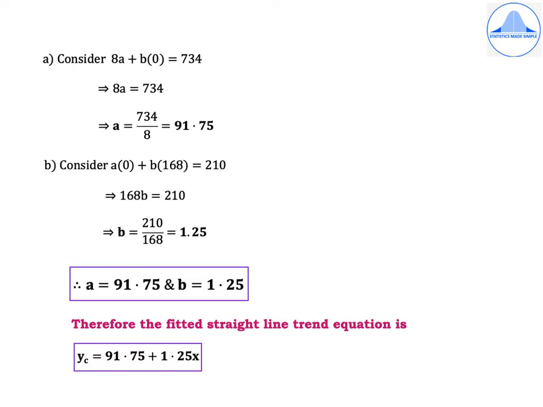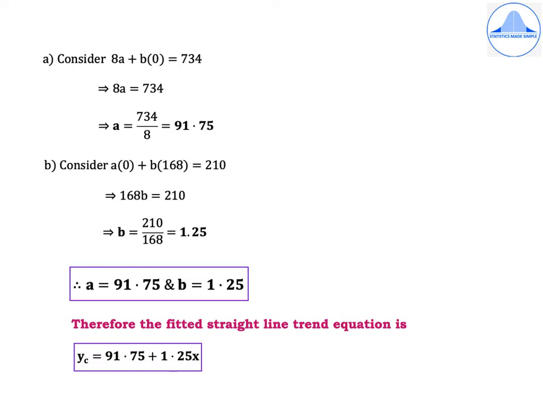So let's consider the first normal equation, and we also substitute for n, which is equal to 8. So considering the first normal equation, we get 8a plus b into 0 is equal to 734, which implies 8a is equal to 734, or a is equal to 734 divided by 8, which is equal to 91.75.